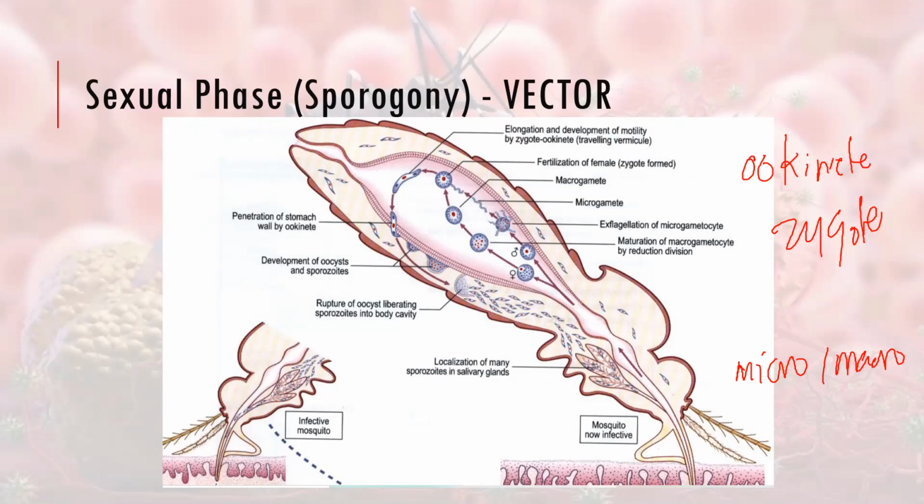There will be elongation, encystment, and development of motility by the ookinete zygote traveling to the vermicule. Okay?